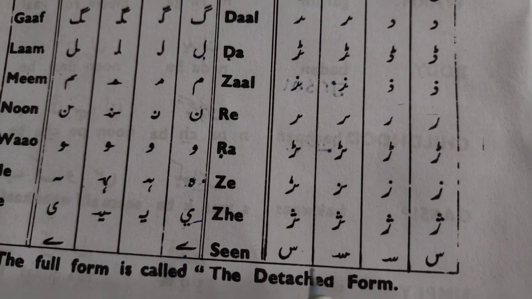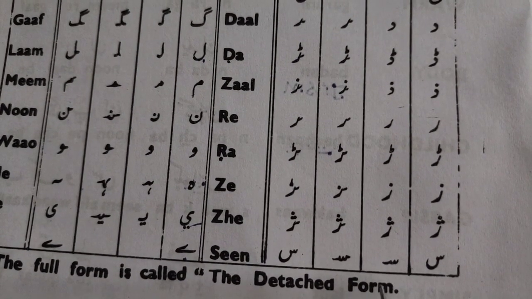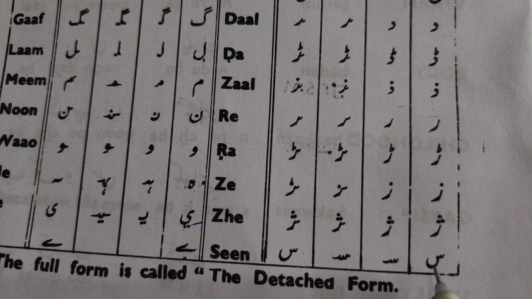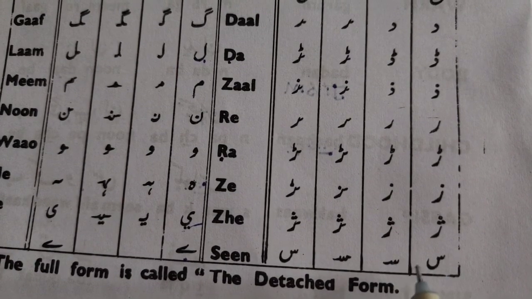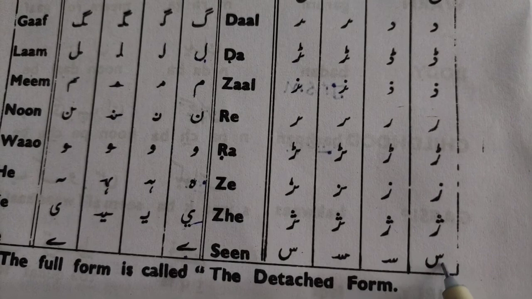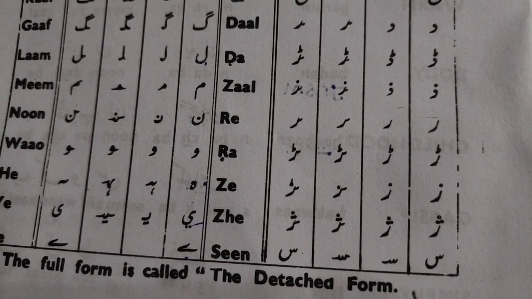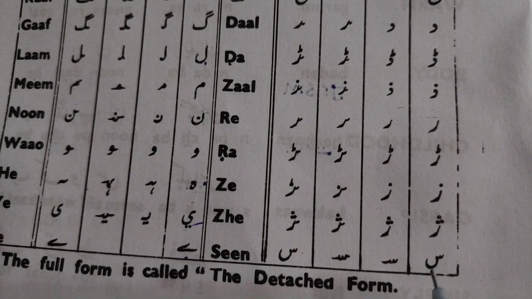Now I'm going to tell you about the last of this column, seen. I've told you earlier the shape of seen in words, in half, initial, and medial, and in the final position it looks like sheen.